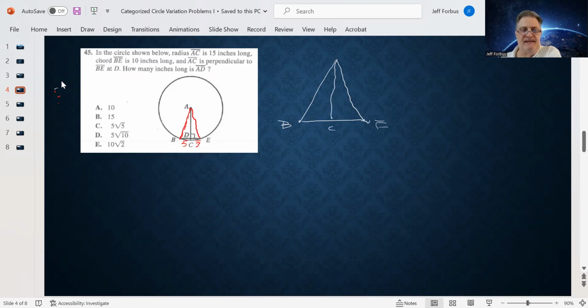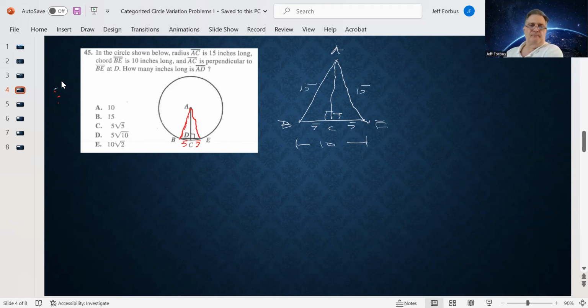And we know B to E is 10 from here to here. So that implies BC is 5 and CE is 5. We got right triangles on both sides. And we know that AC is 15. So here's A. So A to E is 15 and A to B is 15.